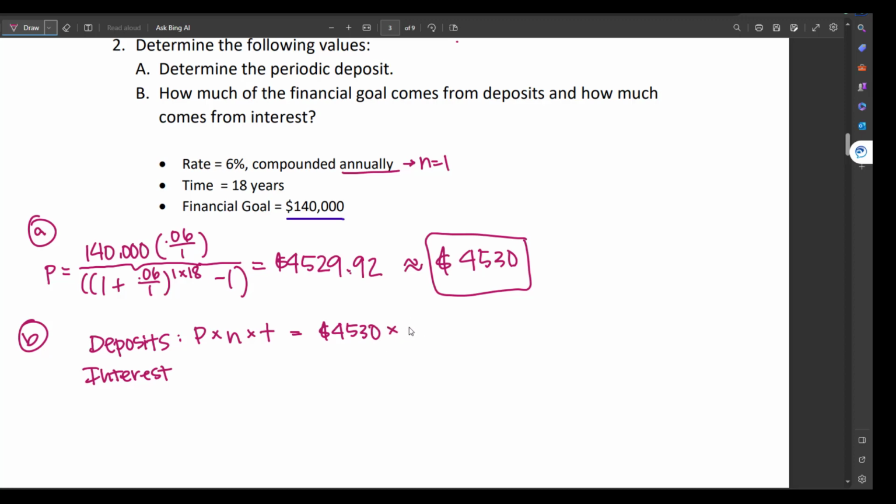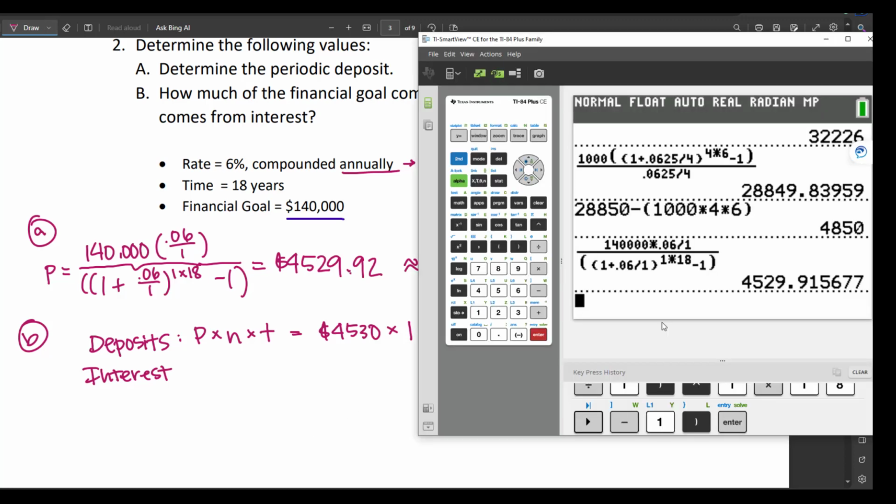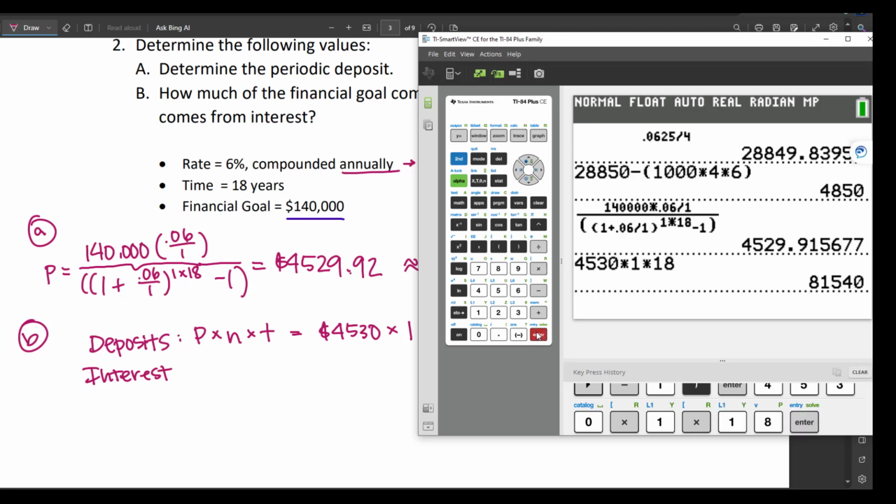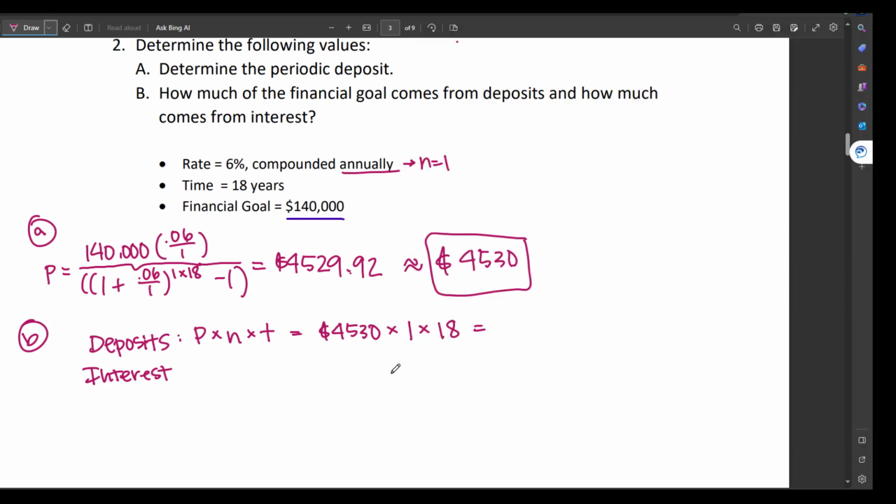How often we deposit that, which is once a year, and we do that for 18 years, gives us 4,530 times 1 times 18. $81,540 is how much money we put in over that 18 years. Okay, so this is our deposits.